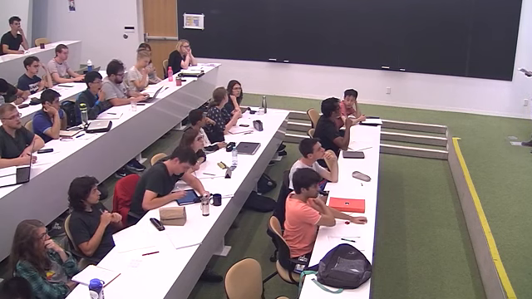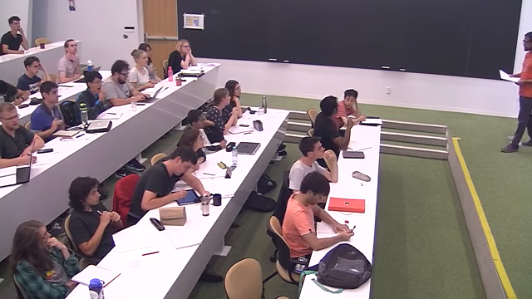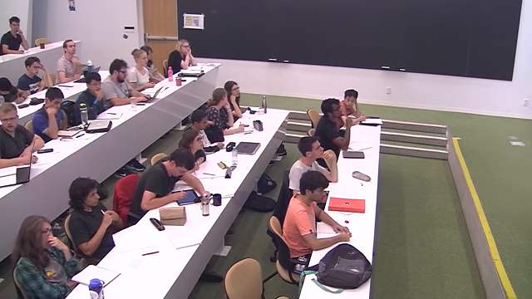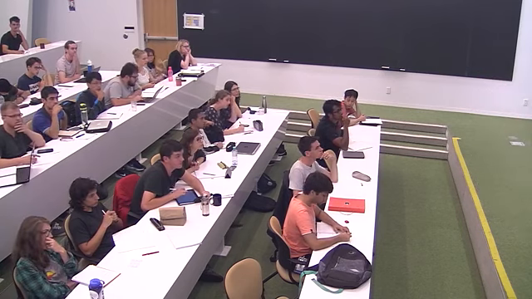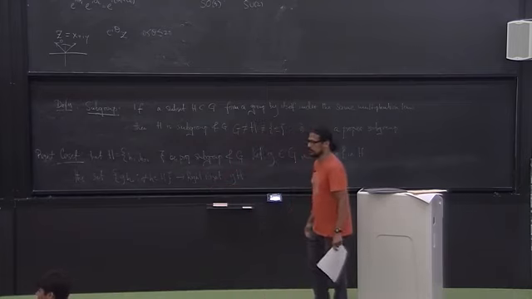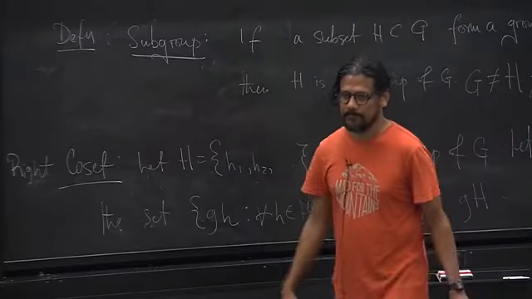H is itself kind of a trivial coset, right? If g was in H, then this set would just be H. So that's why we don't choose g to be in H.